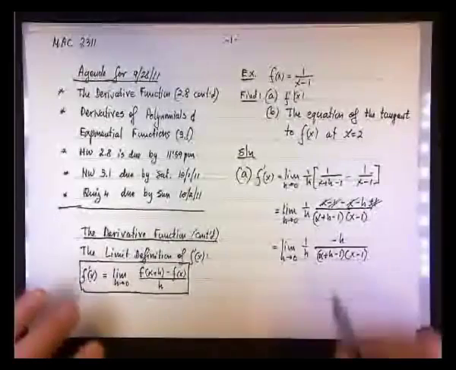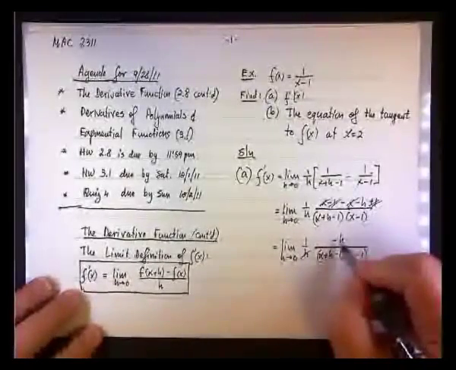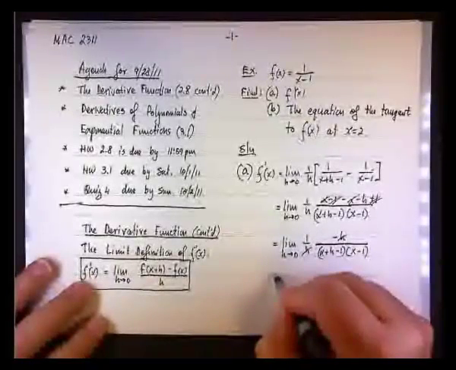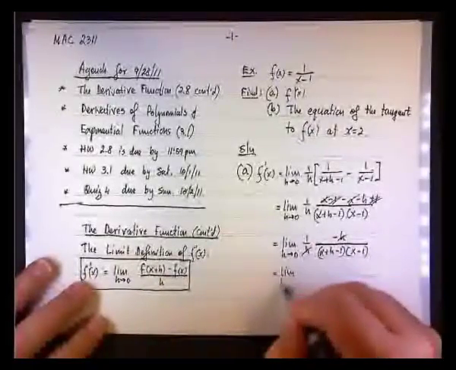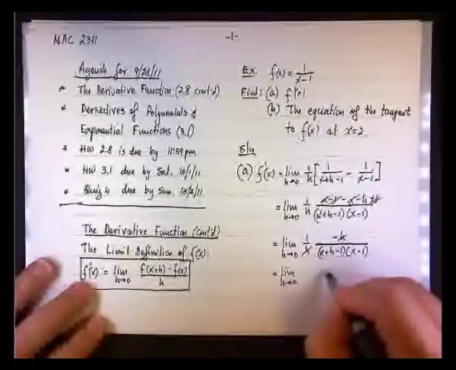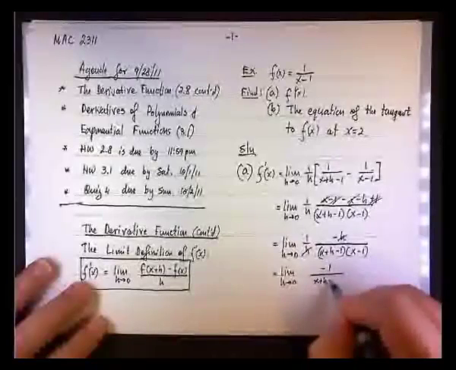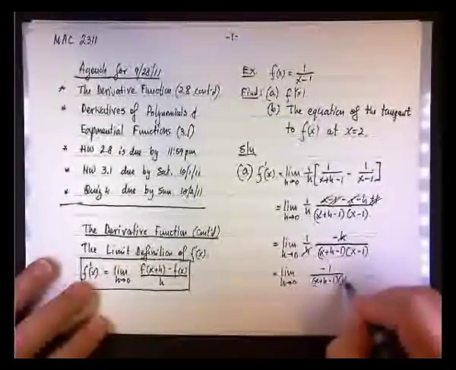Of course, the major achievement is the fact that h and h are being reduced, and now I'm looking at the limit as h approaches 0 of negative 1 over x plus h minus 1 times x minus 1.